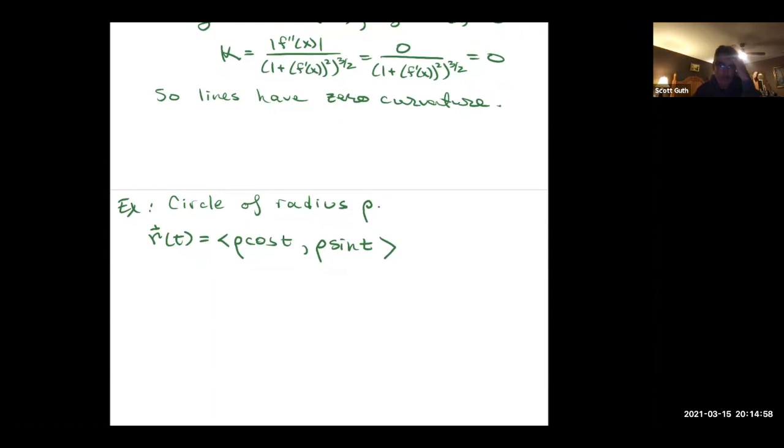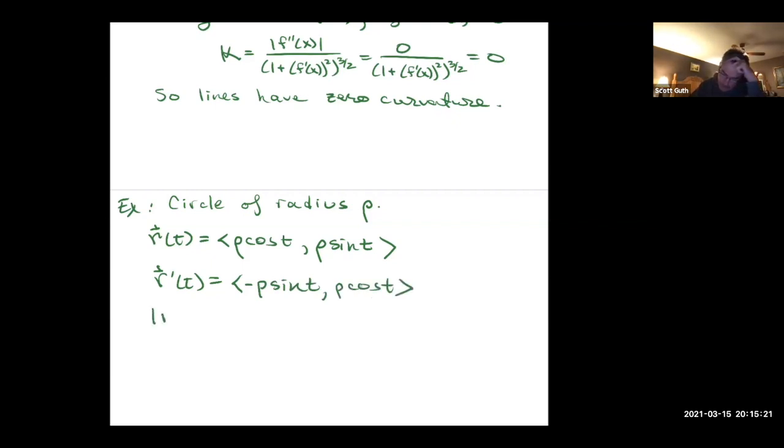And how do we do this? Let's use the other formula this time. So r prime of t, I don't want to do any more cross products. So this will be negative rho sine t and then rho cos t.